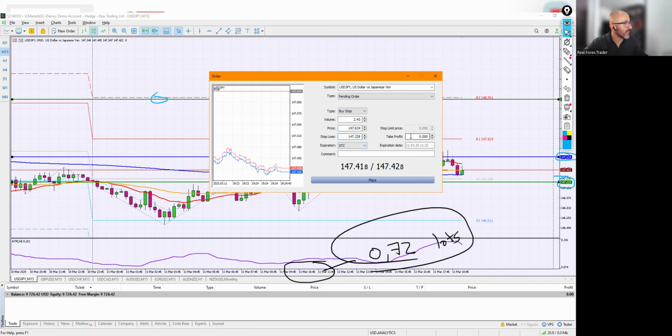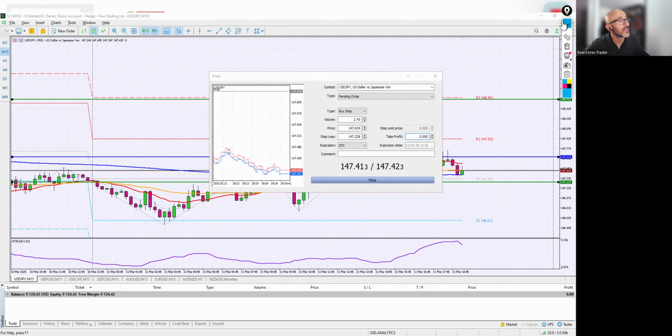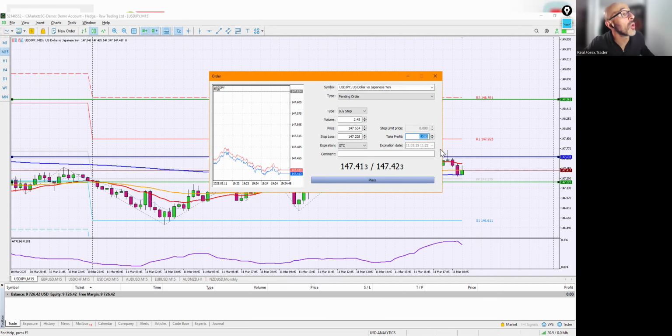And my take profit is currently 148.562. Look at this. The button is blue. It means that the trade can be placed with no problem. So let's place it.